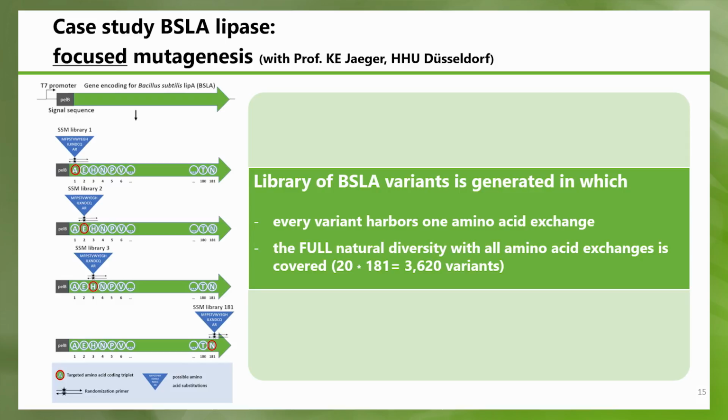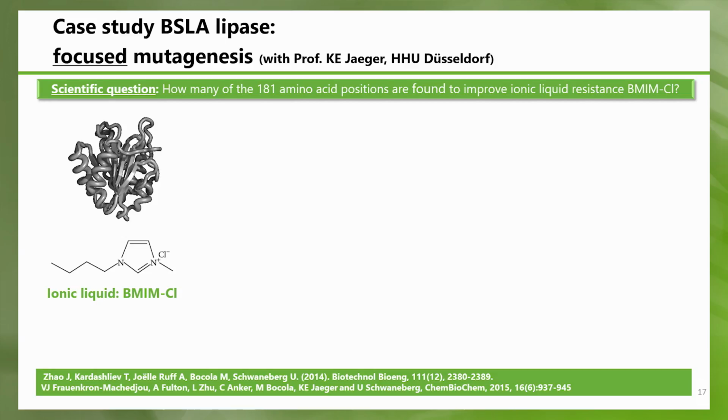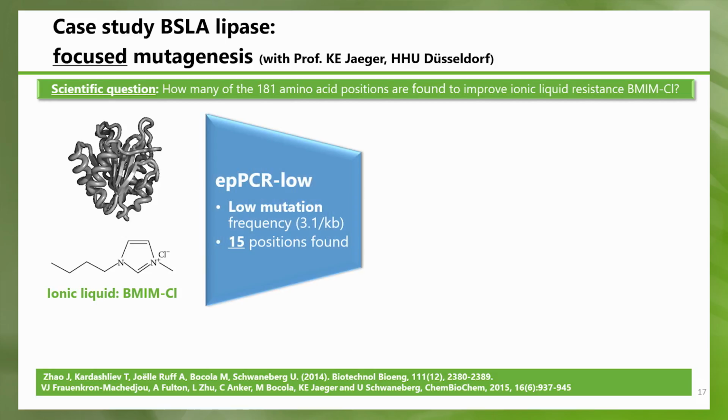And then you can look there at the amino acid exchanges with the same property. So how many positions do they really contribute to an improvement? And the result, when you look at this, is quite astonishing.